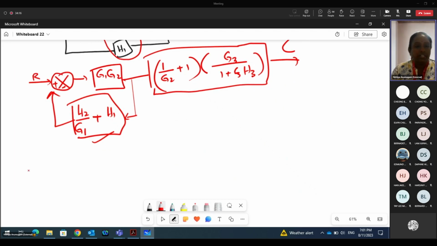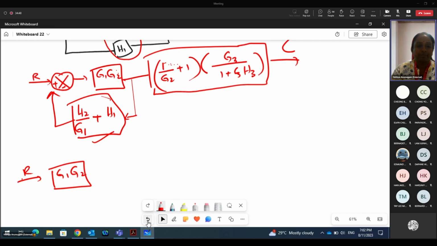All right. So for this, we're going to have R. Omitting the summing point, I will go straight to G1, G2. If we notice here, the G1, G2 is in series, and this position is series. And then we have the feedback loop H2 over G1. So use the feedback loop formula to get to this.